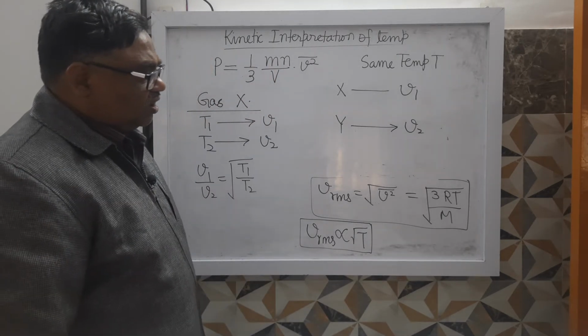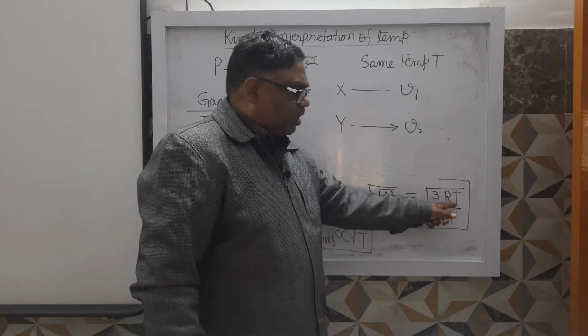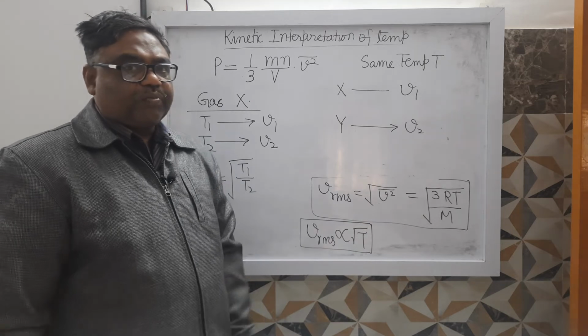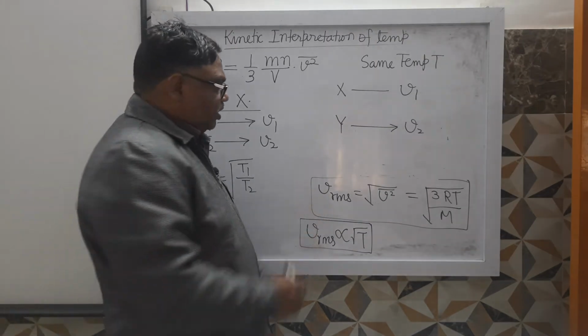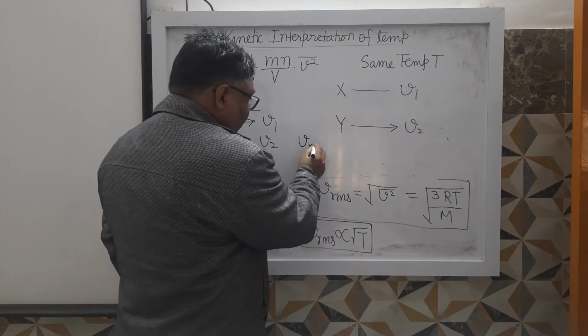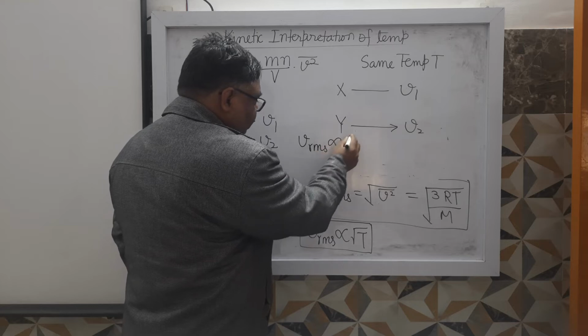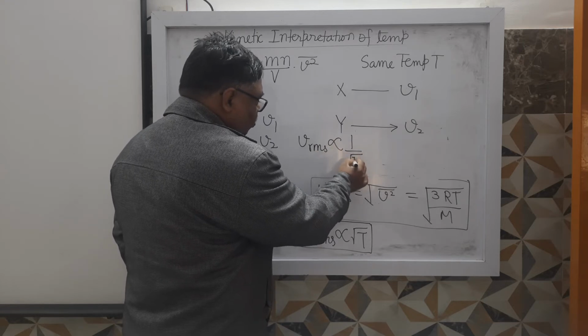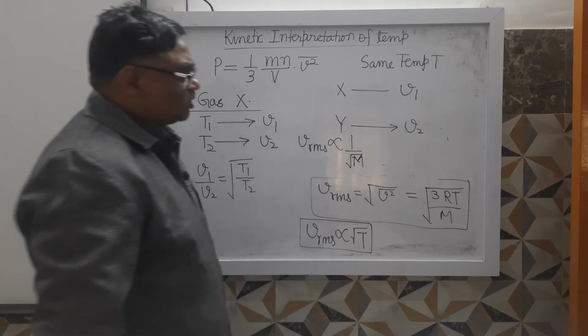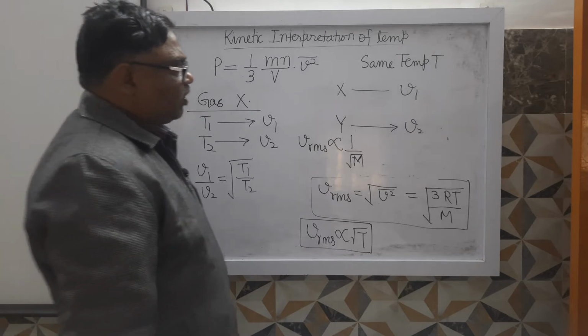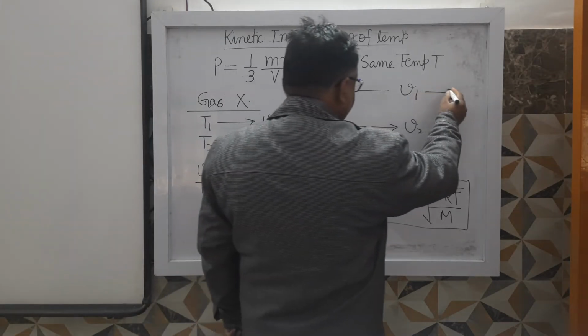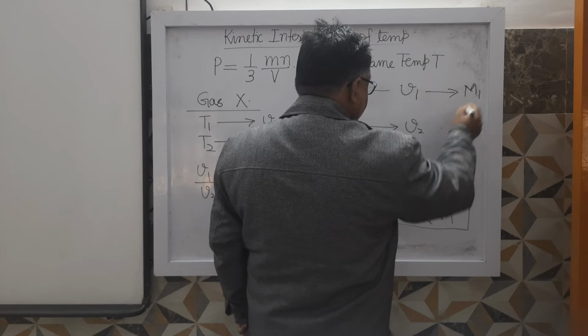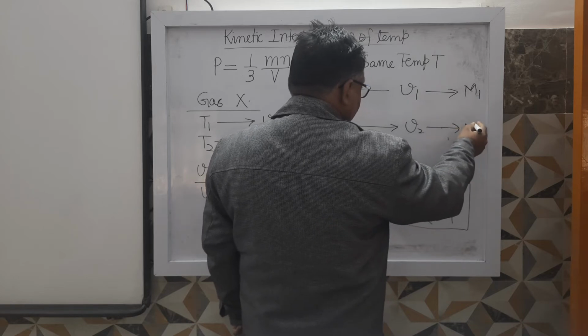You can see here, since the temperature is same, therefore 3RT will remain same for both the gases. So from here you can get Vrms is inversely proportional to the square root of molecular mass. Here we have taken molecular mass of this gas is M1 and of this gas is M2.